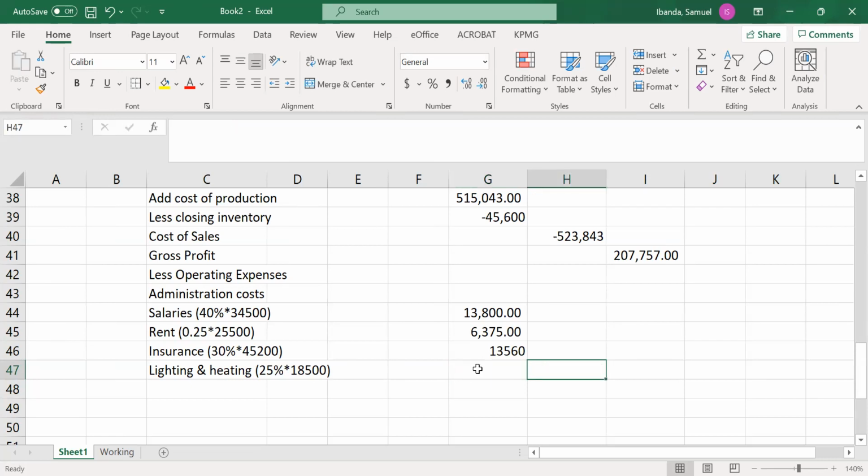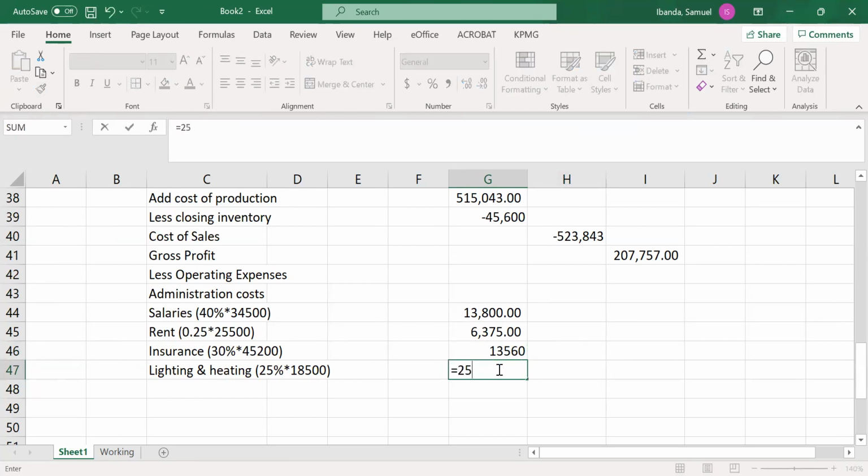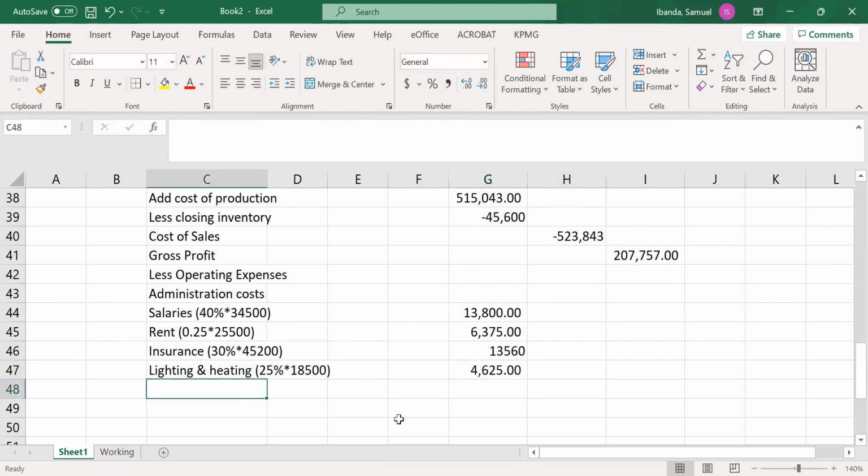We just do it automatically here, but you can press your calculator. 25% times 18,500 gives us 4,625. That's what we have.